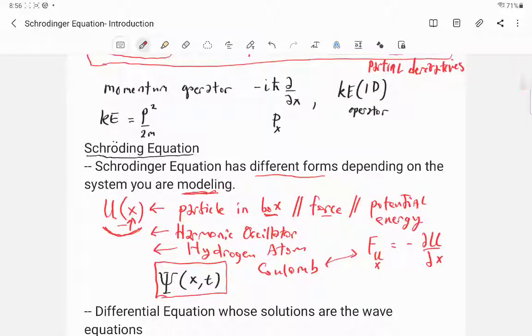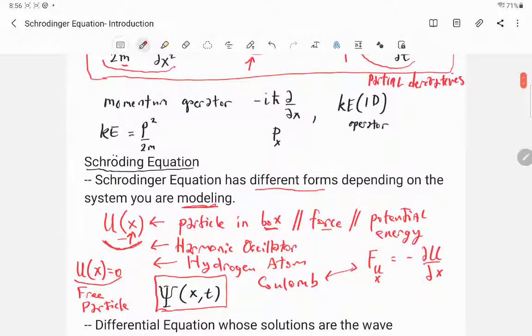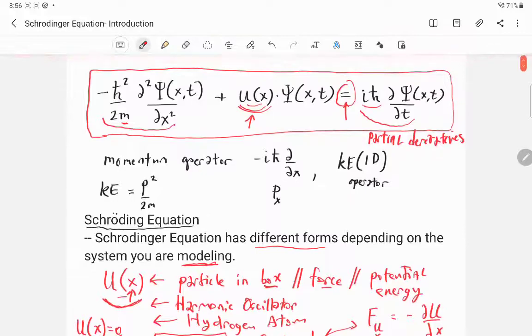We could also set u of x equal to 0, and this is an example of a free particle, which I described in a couple of previous lectures. So if u of x is equal to 0, you just go up in here and set u of x equal to 0.